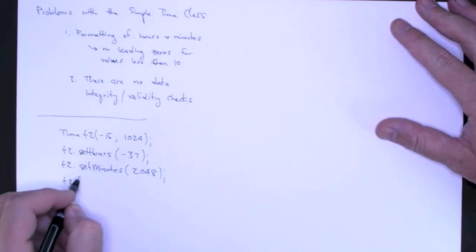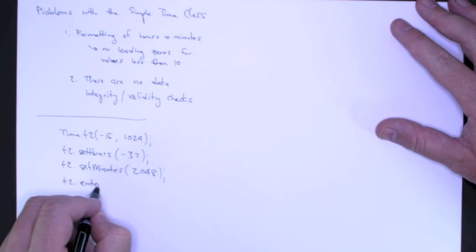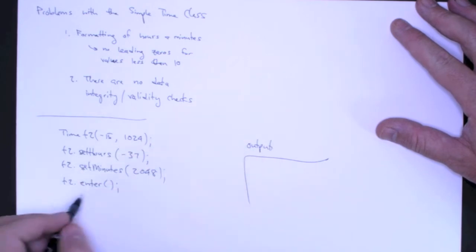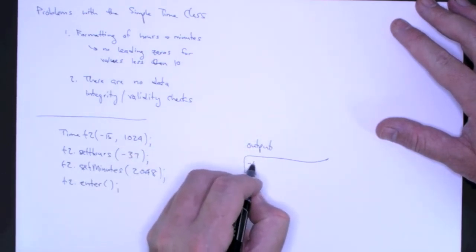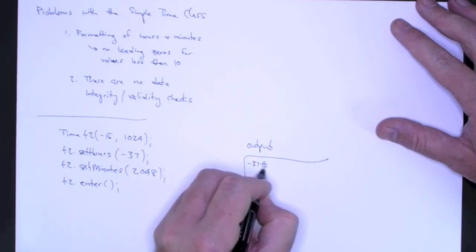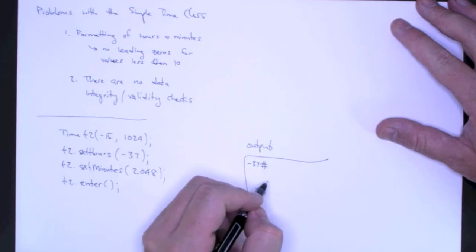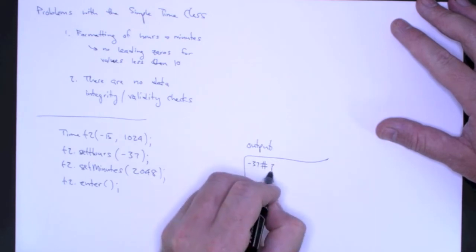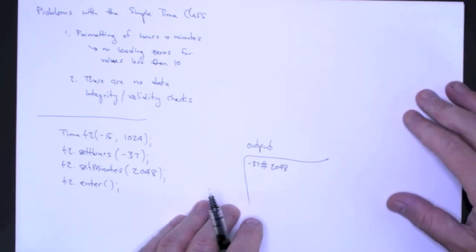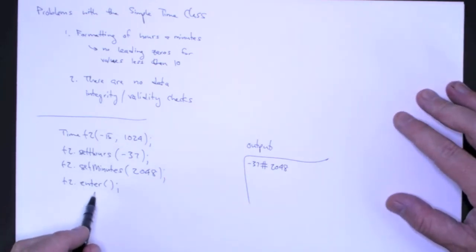With the enter method, if I call enter and I'm running my program, I can enter any values. Not only can I enter out of range values, but I can also use any character for that colon. And so this would be read as a valid time based on the current implementation.